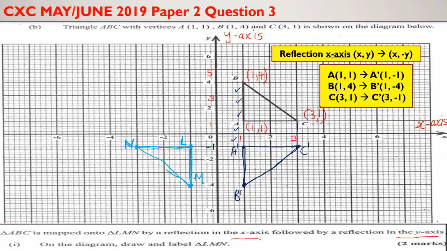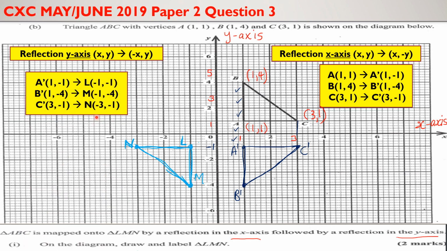We understand that the rule is when you're reflecting in the y-axis, the x value is going to change. So L is -1, -1, M is -1, -4, and N is -3, -1.